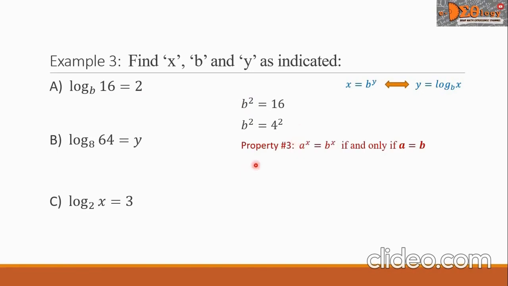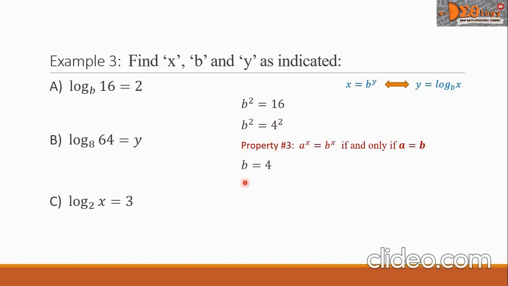I remember there is property number 3 that says a raised to x equals b raised to x if and only if a equals b. I can see here that the exponents are the same. So it means I can simply copy the b down here equals 4.